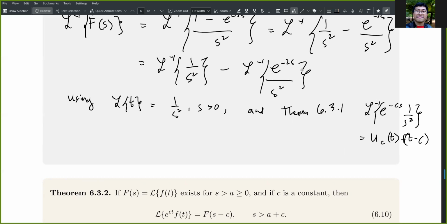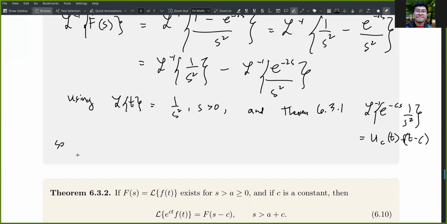You have e^(−2s), so this c here is our 2. The function is 1 over s squared, and since we know that the inverse Laplace transform of 1 over s squared is t, you have a function that is just equal to t, and then we replace t with t minus c.